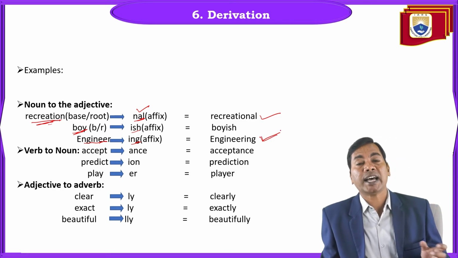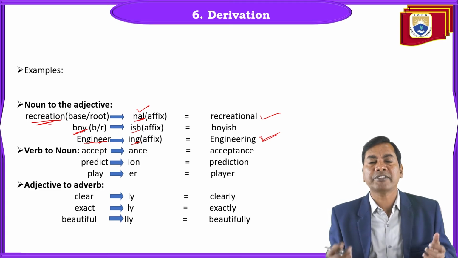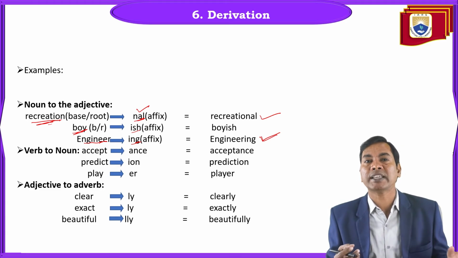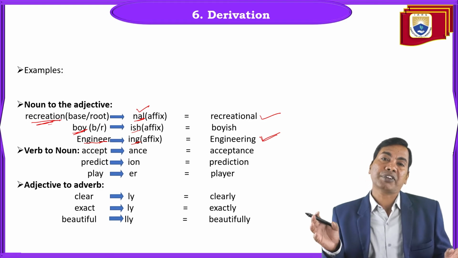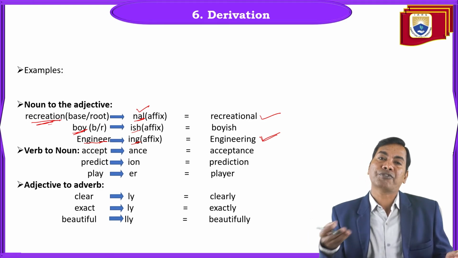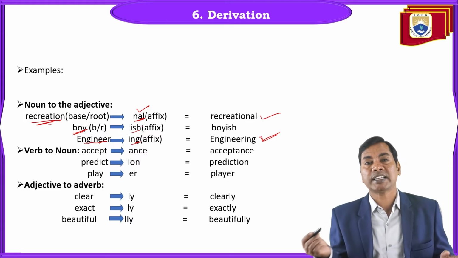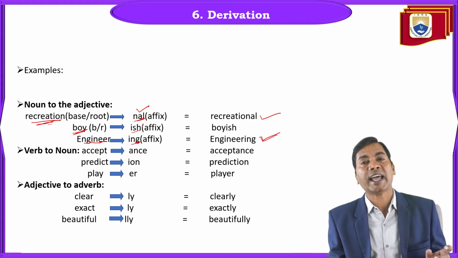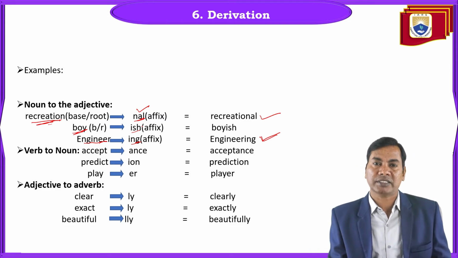So we are deriving adjectives from the noun. Derivation means deriving new words from the existing words. How do we derive new words from the existing word? By affixing a bound morpheme to the existing word, whether as a prefix or suffix. You can add the bound morphemes in the beginning of that word or at the end, either way, right?